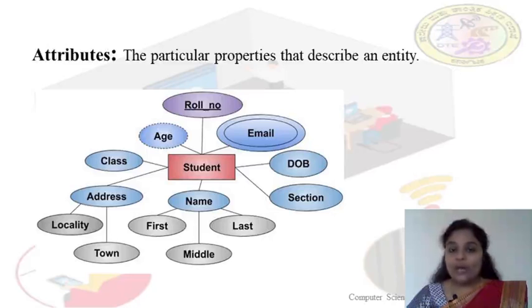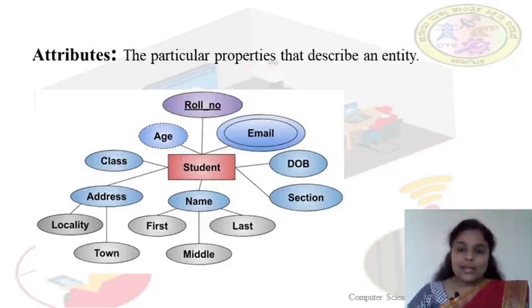But when coming to our student database, the institution mainly focuses on the marks. Not only marks, it collects details about the student, including the name, address, date of birth, the section, the department. Everything will be collected and stored.